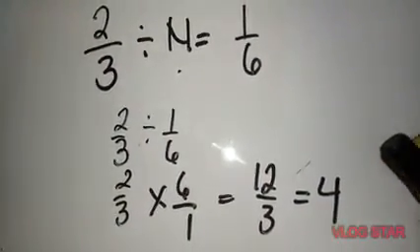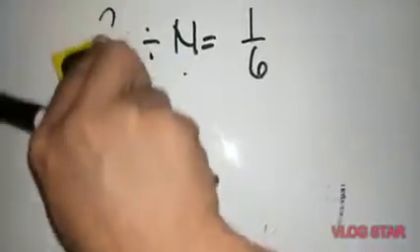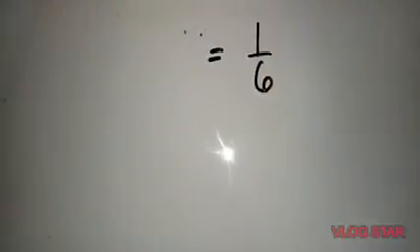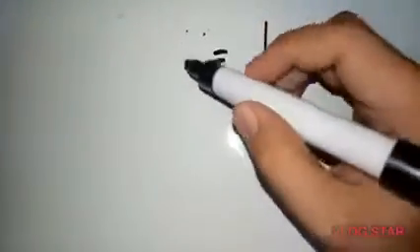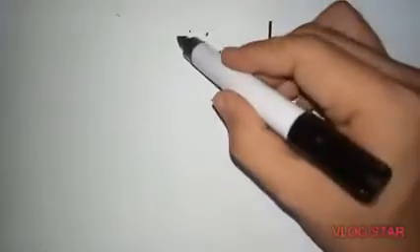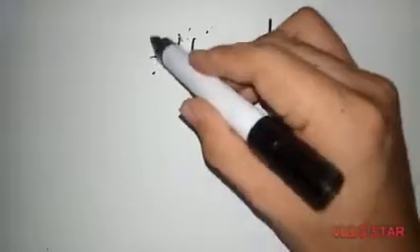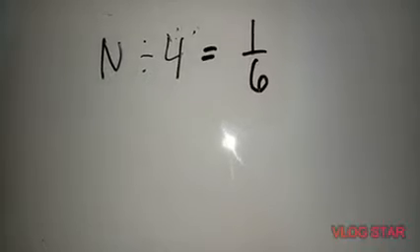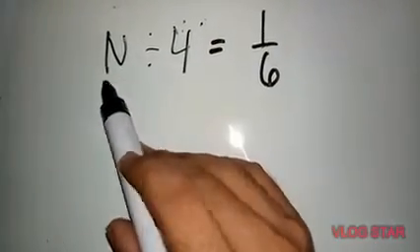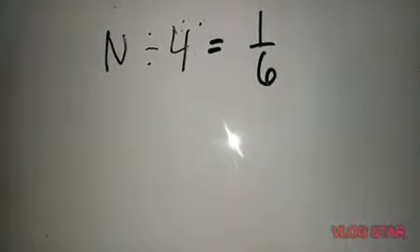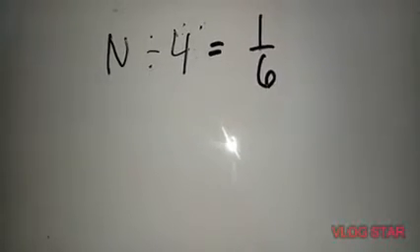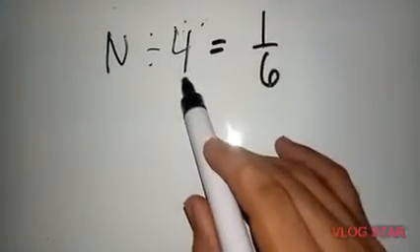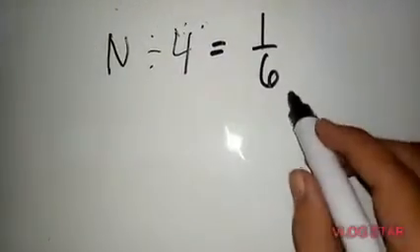But what if the missing is the dividend? For example, we have 4 divided by n. So what are you going to do to find the dividend? Simply multiply 4 to 1/6, or multiply the divisor to the quotient.